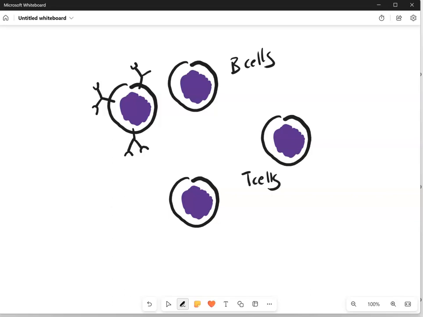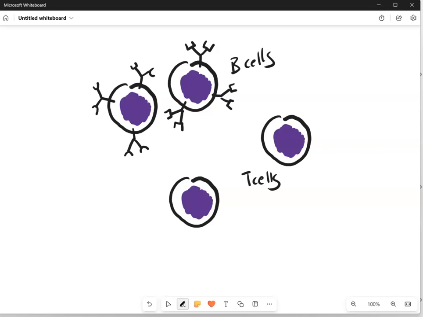And that shape, that binding site, is what is randomly generated by shuffling DNA. So each of these lymphocytes has a gene or a set of genes that encode the binding site, and those genes were randomly generated.